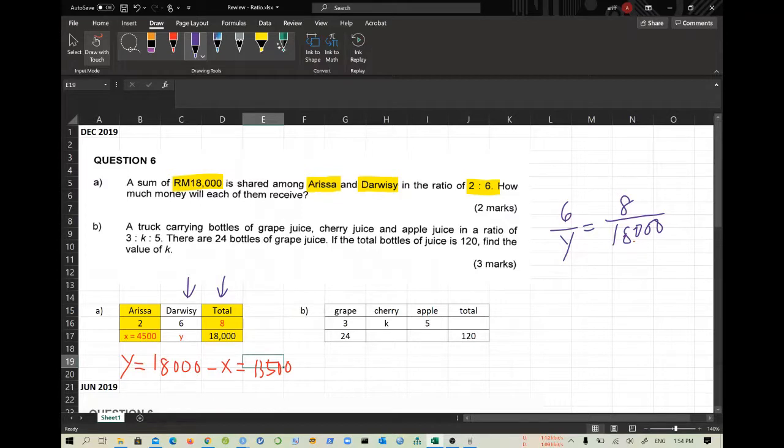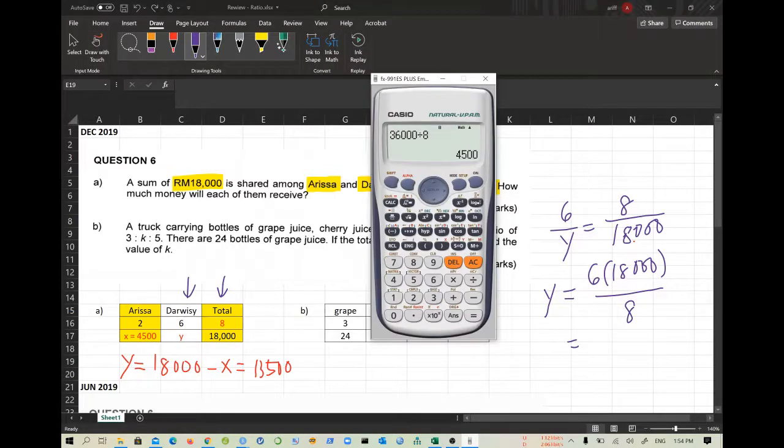Okay, so now, we can simply write this as y is equal to 6 times 18,000 and then divide by 8. So calculate this one. Let me bring up my calculator.